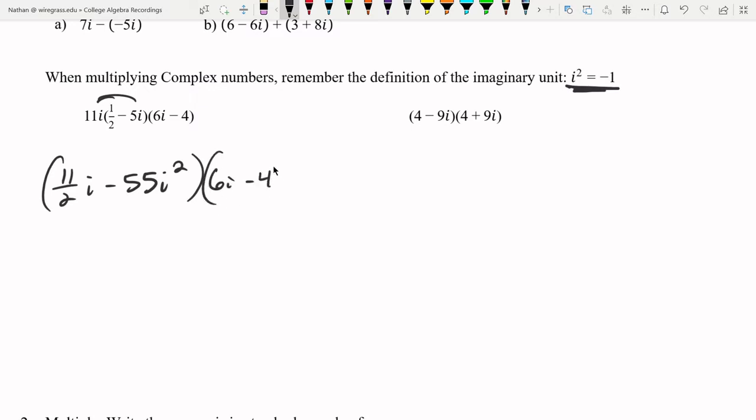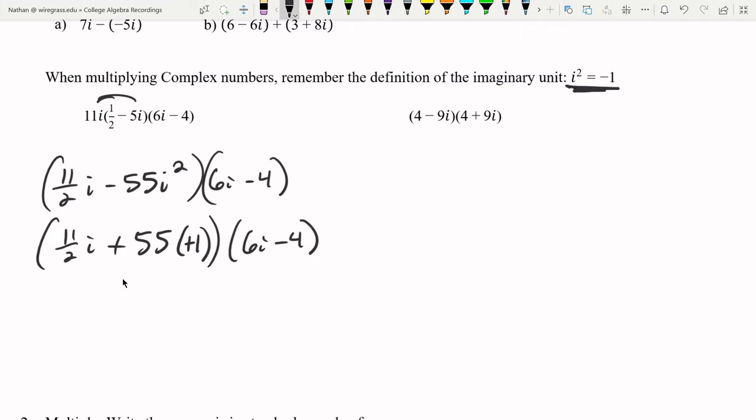The 6i minus 4 hasn't changed yet. Now, i squared is -1, so I can actually change this to a -1. And i squared is multiplying the 55, so it's going to be -1 times -55, and those cancel.